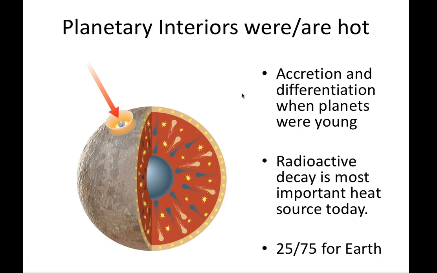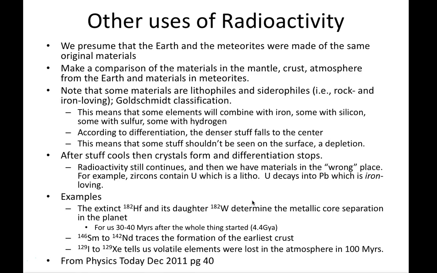Although something around 300 tons per day of meteorites are striking the Earth, and something like 3 tons of comets any particular day. But that isn't a lot of energy landing on the Earth. And then the other aspect is radioactive decay. Of those two things, 25% is associated with accretion and differentiation, and 75% is due to radioactivity.